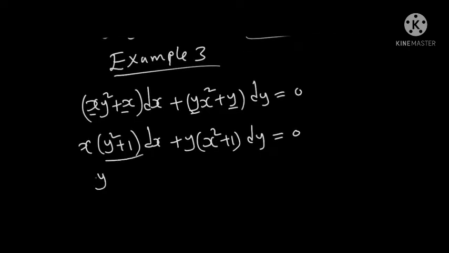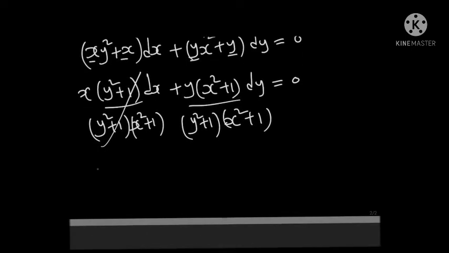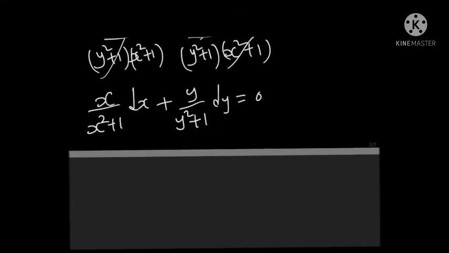Let's divide by y squared plus 1 and at the same time by x squared plus 1. Y squared plus 1 will cancel, remaining with x over (x squared plus 1) dx plus, x squared plus 1 will cancel, remaining with y over (y squared plus 1) dy equals 0.